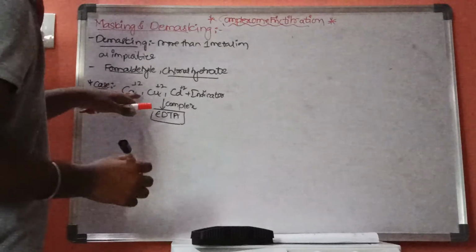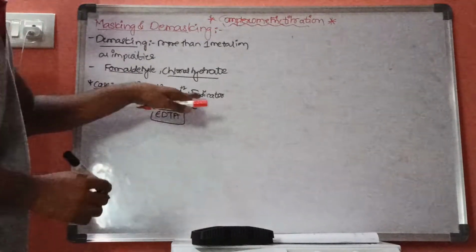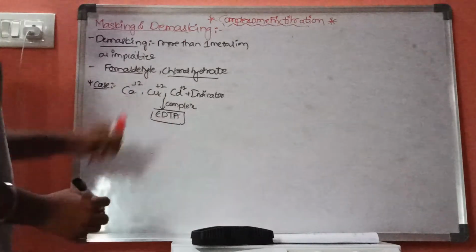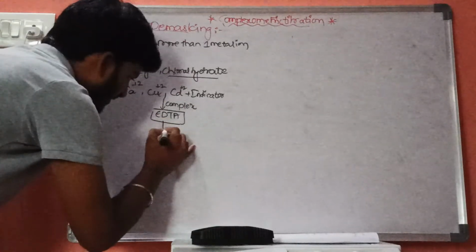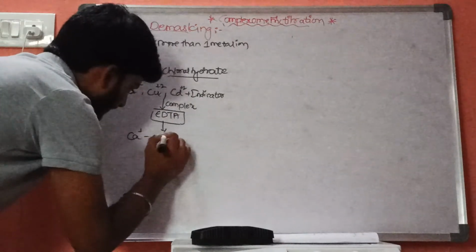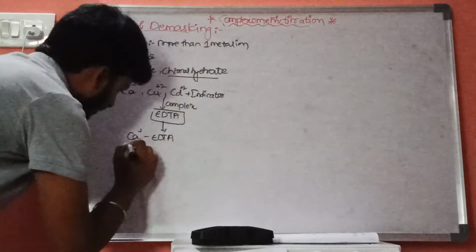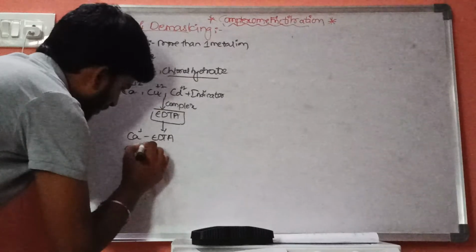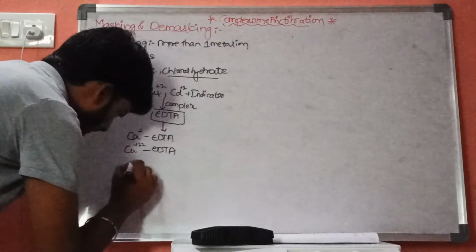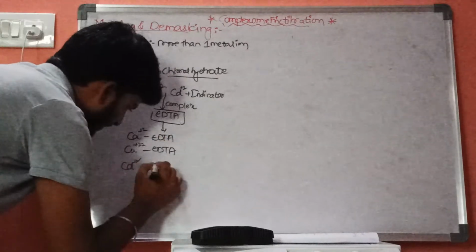After titrating with EDTA solution, it results in the formation of calcium EDTA, copper EDTA, and cadmium EDTA.